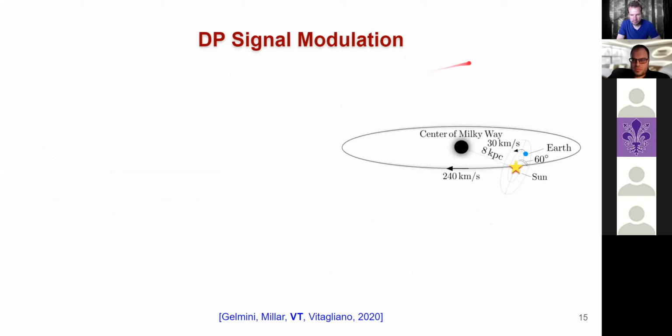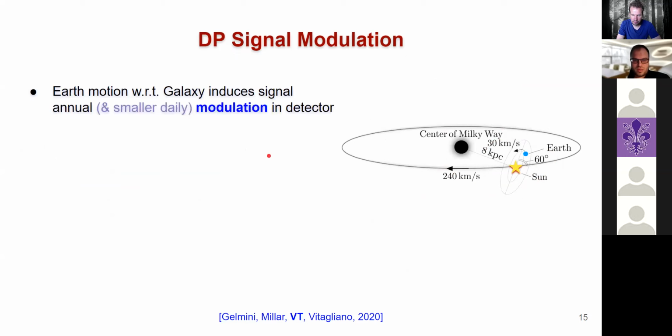So let me just remind you that you're moving in the galaxy, and the Earth also experiences motion as well as rotation. Because of the Earth's motion with respect to the galaxy, you will have an annual modulation signal as well as a very small daily modulation.